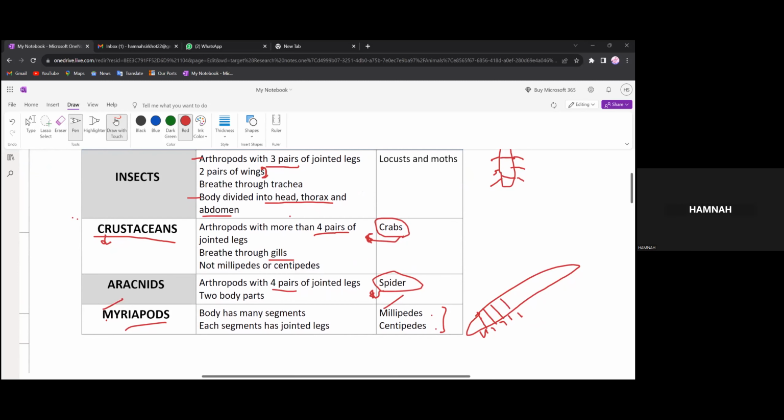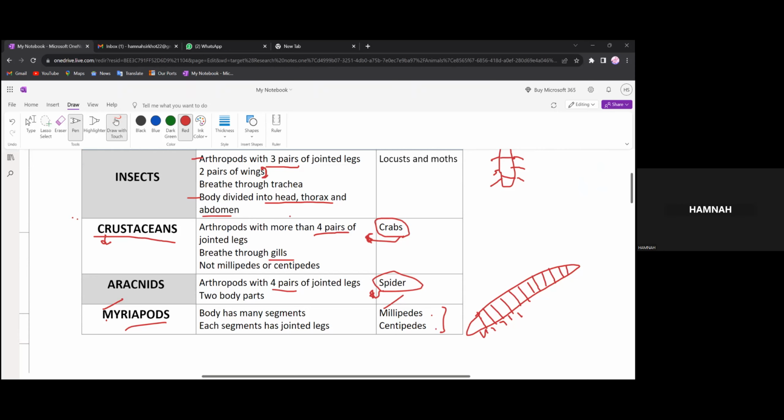This is how they're different. You see a multiple-segmented insect. Normally, when a normal person sees a centipede, they just call it a bug, an insect. Generally, we generalize them because we're not biologists, but when we're studying, you know the difference.